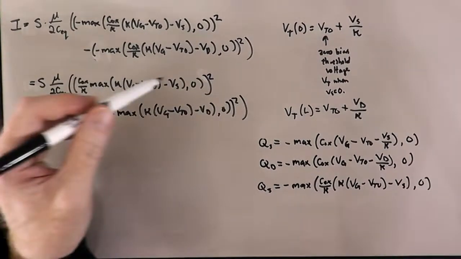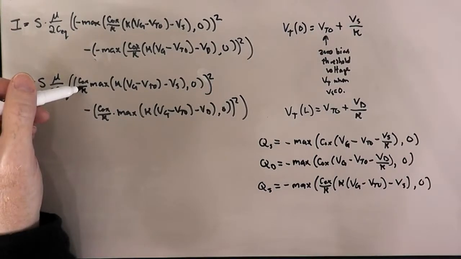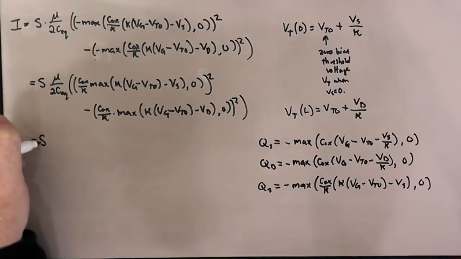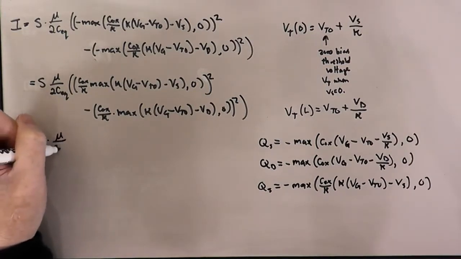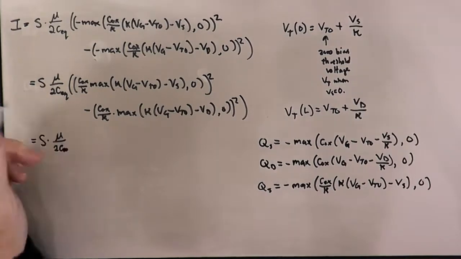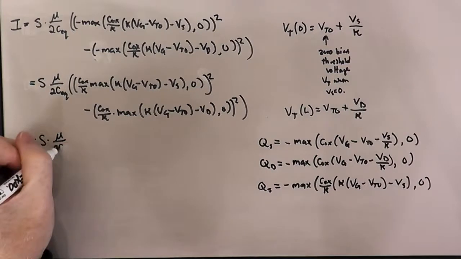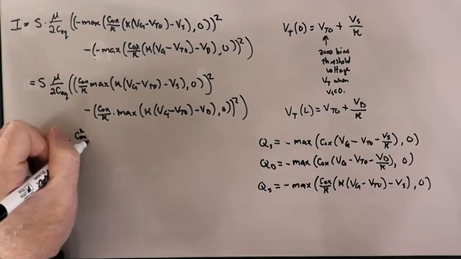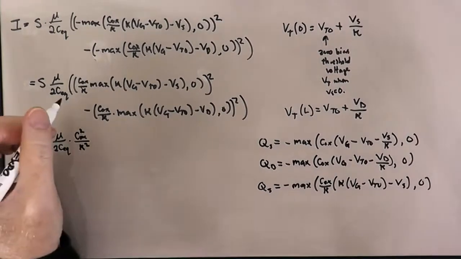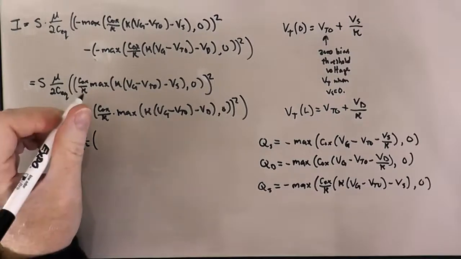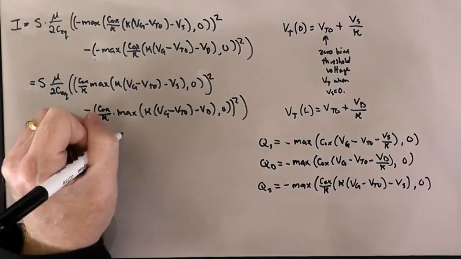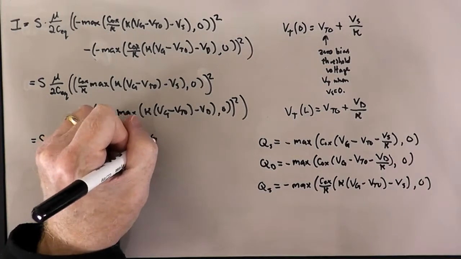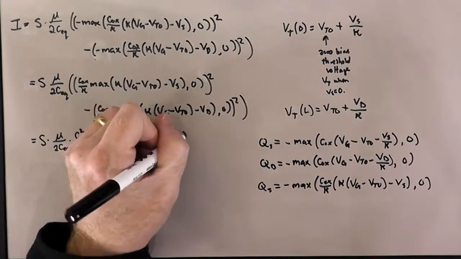Now we can take Cox squared over kappa squared outside and factor it out. Then we get S times mu over 2C equivalent times Cox squared over kappa squared times max of kappa Vg minus Vt0 minus Vs, 0.